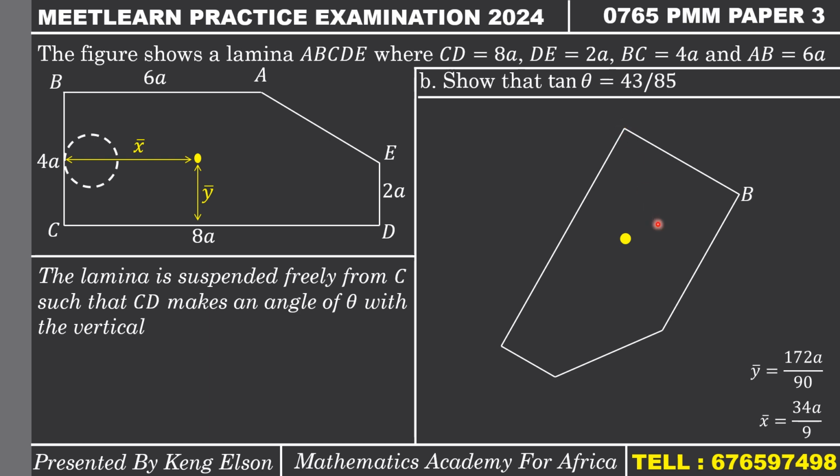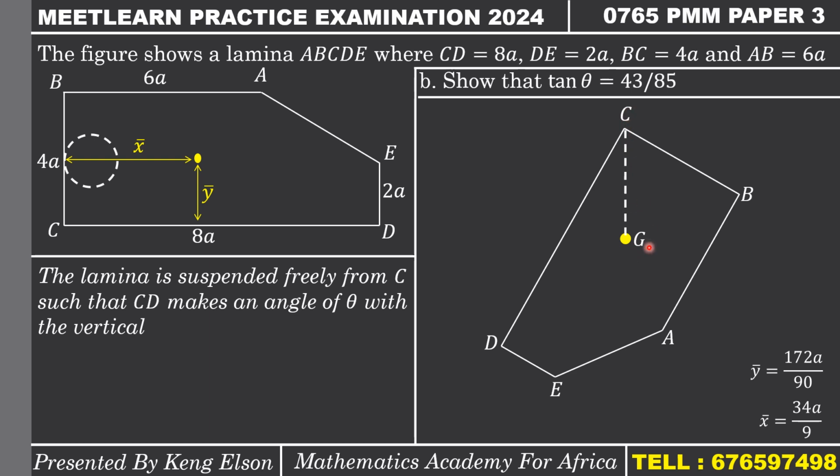So it was suspended at C. All right, it was suspended at C, and for it to be in equilibrium after suspension, then like I said, the line that is joining the point of suspension to the center of mass of the system has to be a vertical line. So these are my points, and then now my center of mass is at G.